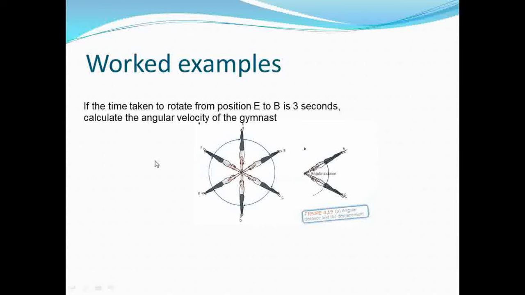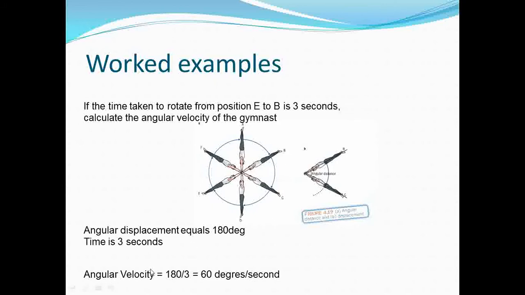Second worked example, if the time taken to rotate from position E to position B is 3 seconds, calculate the angular velocity of the gymnast. So we need two variables here. So we need to work out our angular displacement, which we did in the previous question. So that's 180 degrees. And the time taken, which we've been given, is 3 seconds.